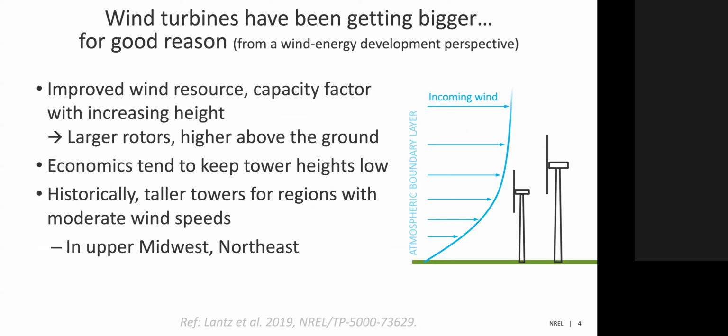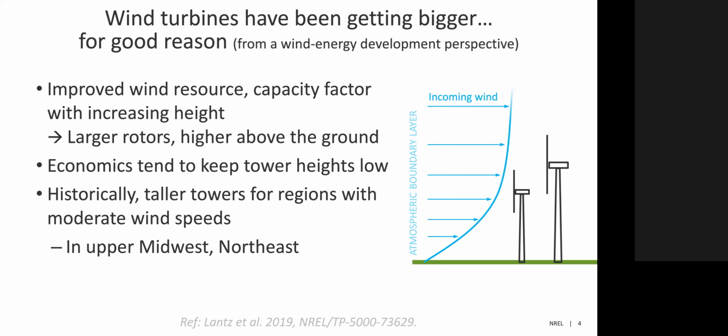The reason this is good for wind is because the wind resource and capacity factor improve with height. So as the rotors get larger, we're able to extract more of the energy from the wind, so we can produce more power more often. And then it's intertwined with the design of the whole turbine system, which includes the tower structure.